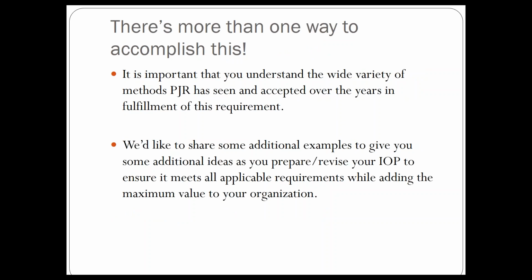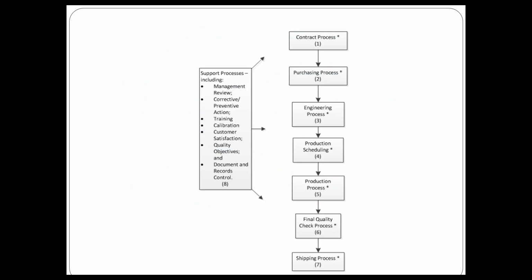Now, obviously, there's more than one way to accomplish this. Over the years, we have seen a lot of different approaches in meeting the IOP, and we wanted to share with you some additional examples of how this requirement is fulfilled. Each of these is taken from a current or former PJR client. Permissions were given in all cases. Here's our first example.